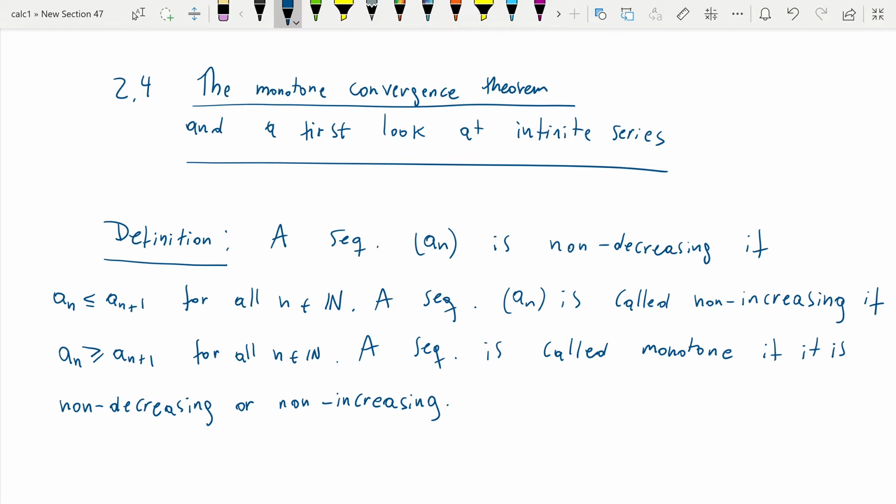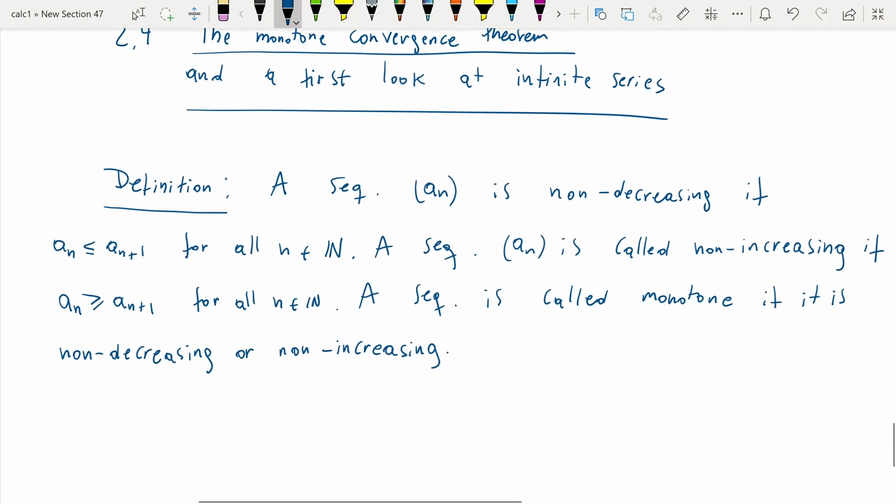One of the first tools that we can apply to a sequence to show that it converges, when we don't actually know the limit or don't have the hope to know the limit, is the so-called monotone convergence theorem. Of course, it makes reference to the definition that we just gave, definition 2.4.1.